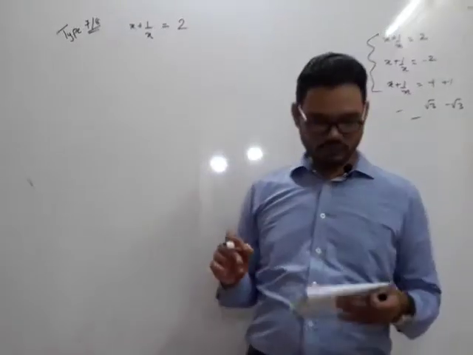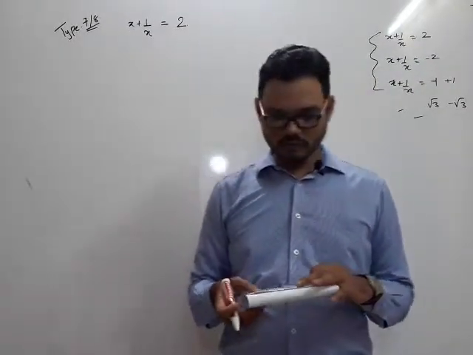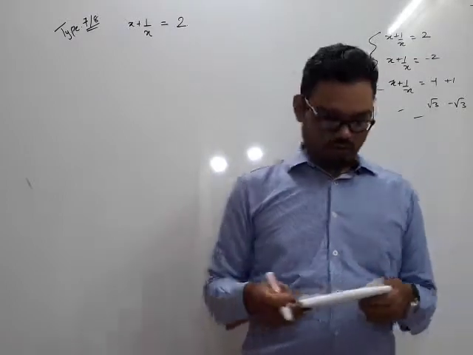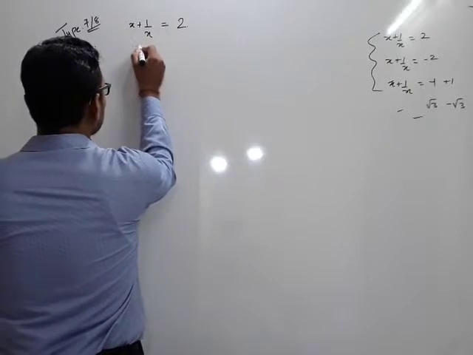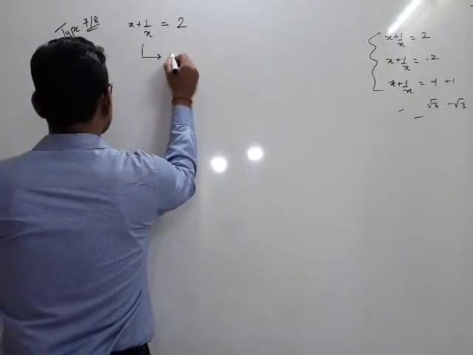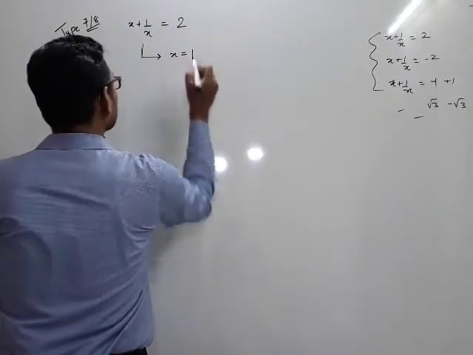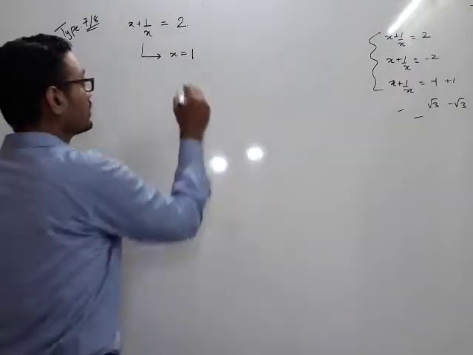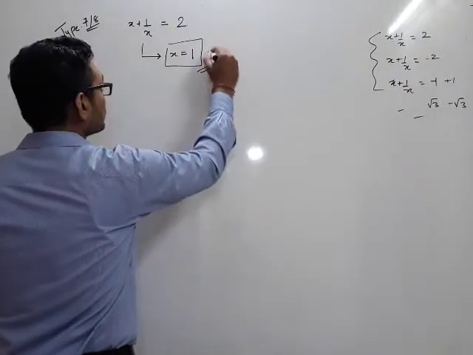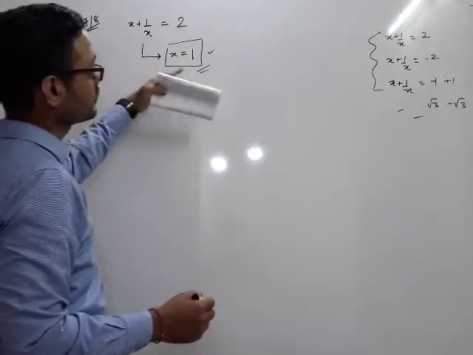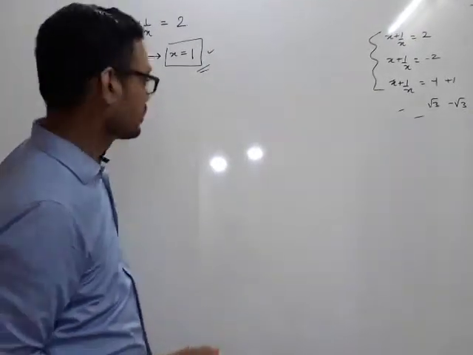So if we are given a value of x plus 1 by x as 2, what conclusion do we have to take from here? This concludes that x is equal to 1, and we will take this as our conclusion and try to solve all the questions. Whenever this is given, we will consider this as the trick.